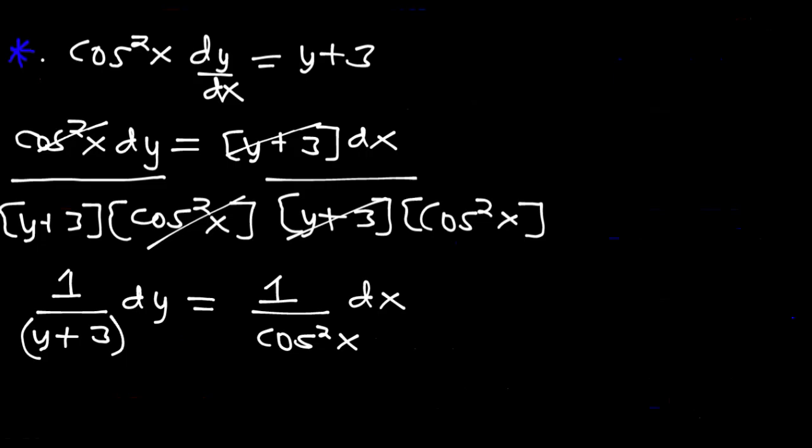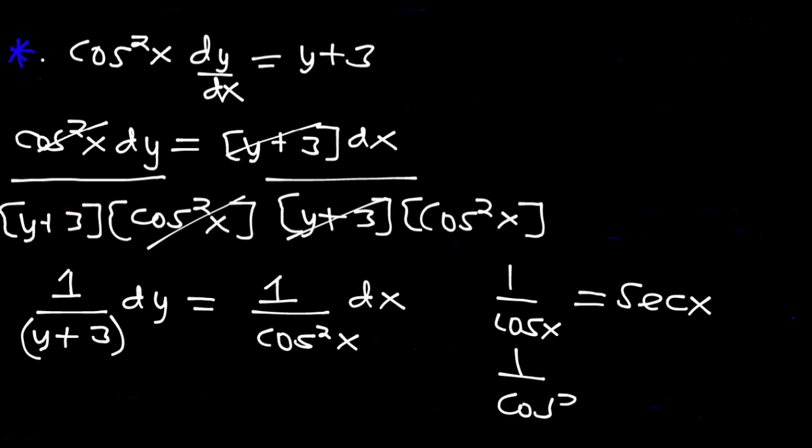Okay. Now, what is the reciprocal of cos squared x? Now we know that 1 over cos x is actually secant x. So if we have 1 over cos squared x, that should be secant squared x.